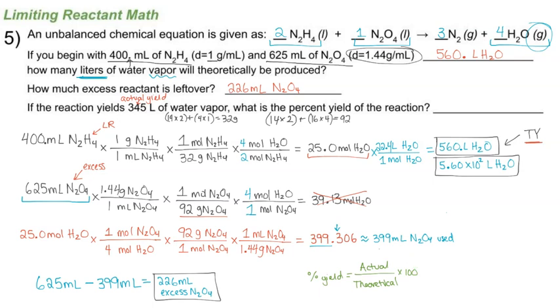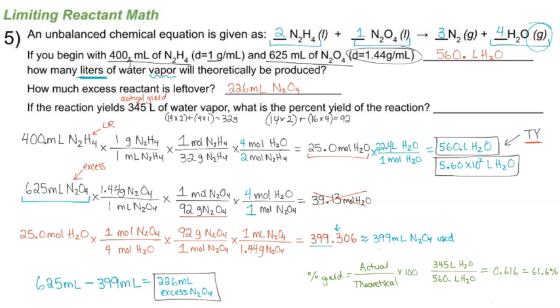So our actual 345 liters of H2O divided by the 560 liters of H2O that we expected. So when I do that, 345 divided by 560, I got 0.616, which is equivalent to 61.6%.